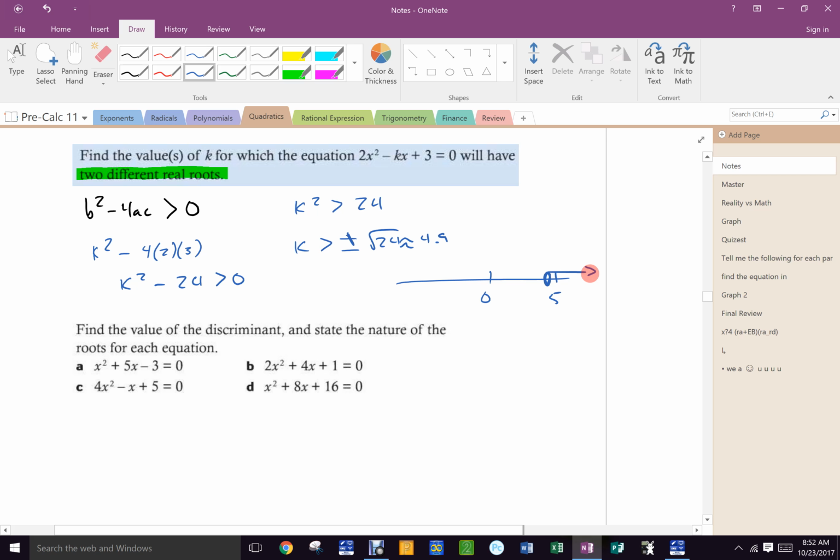That covers one of my roots. What's the other one? Negative 5, which would be negative 4.9. And then where does its line go? There's negative 5, so there'd be this open one here at 4.9, and it has to go that way. Is everybody cool?